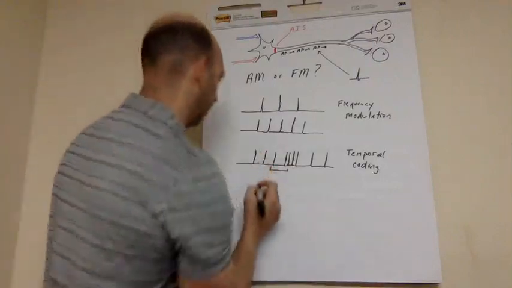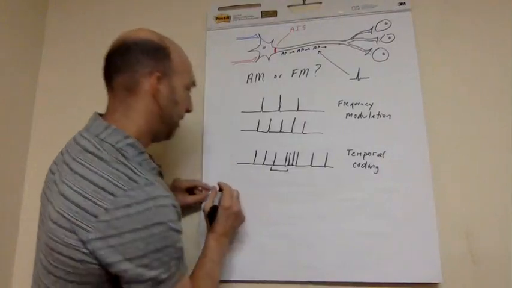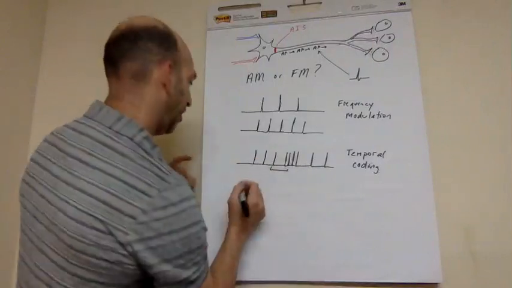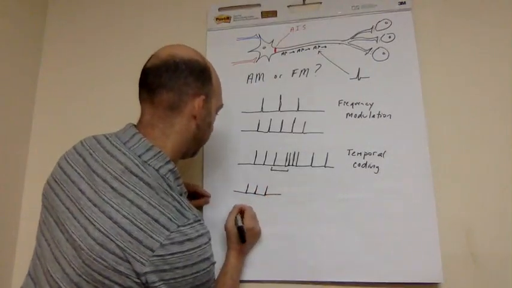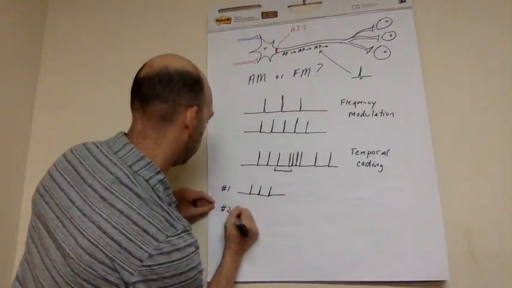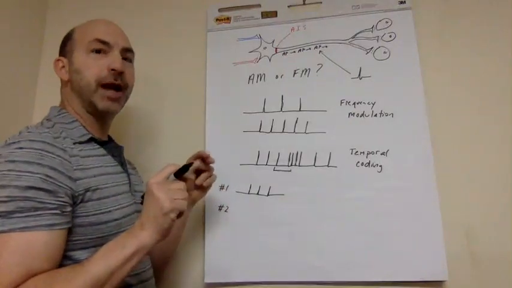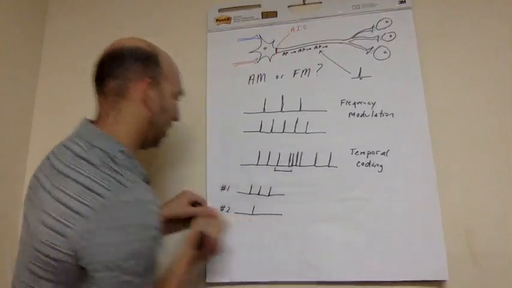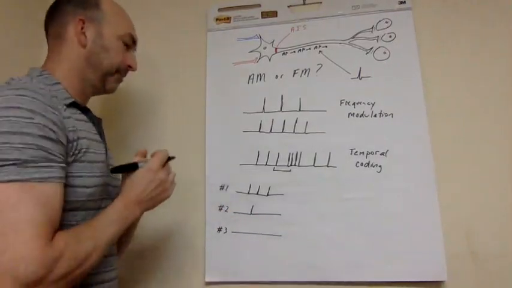So in this scenario, let's say we had 3 different neurons, right? And when that skeletal muscle is minimally activated, we would have one of the neurons, so this is neuron 1, this is neuron 2. I'll just give you 2 scenarios here. So this is a light contraction of the muscle, right? Neuron 2, let's have that one just generate a single action potential. And the third one is not doing anything, right?